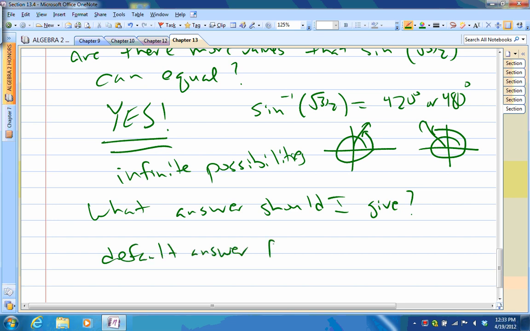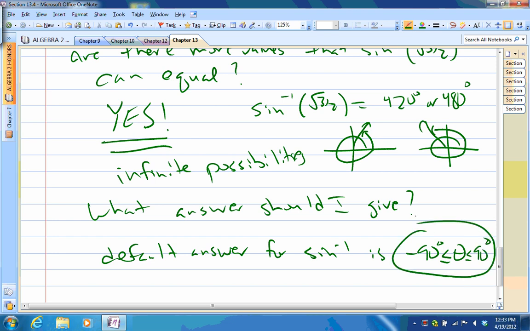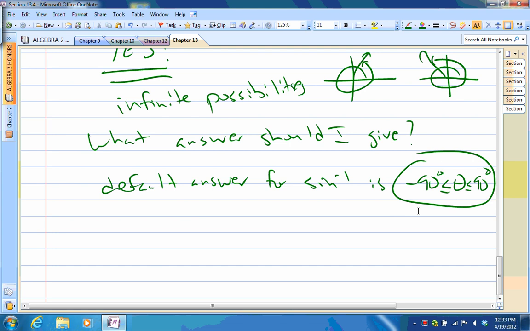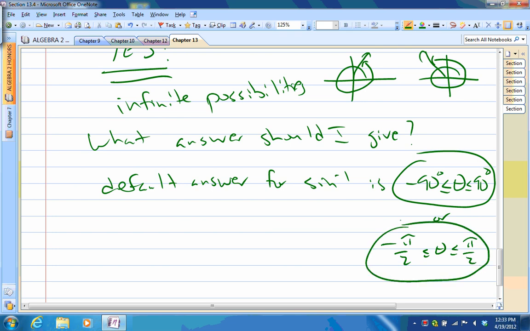The default answer for inverse sine will always be this. Or in radians will be this. So let's try another example.